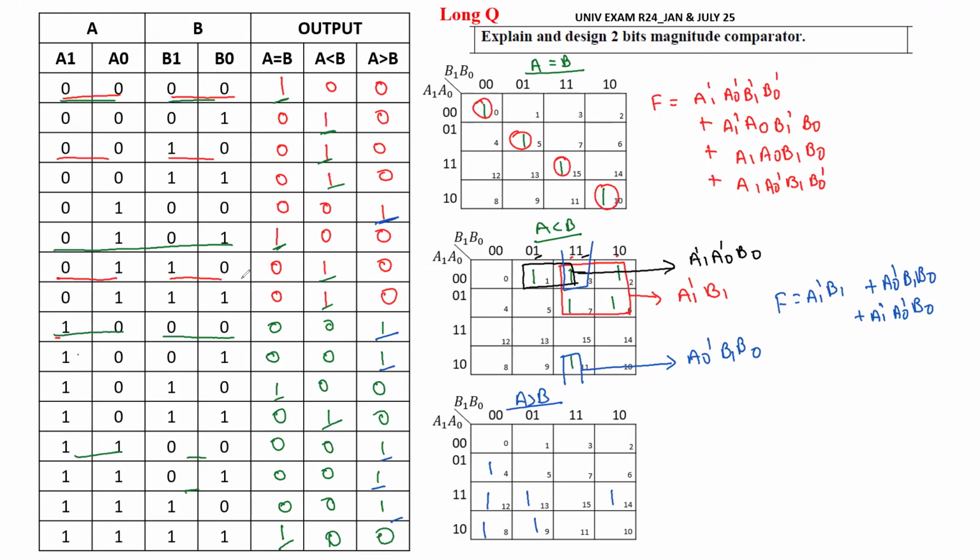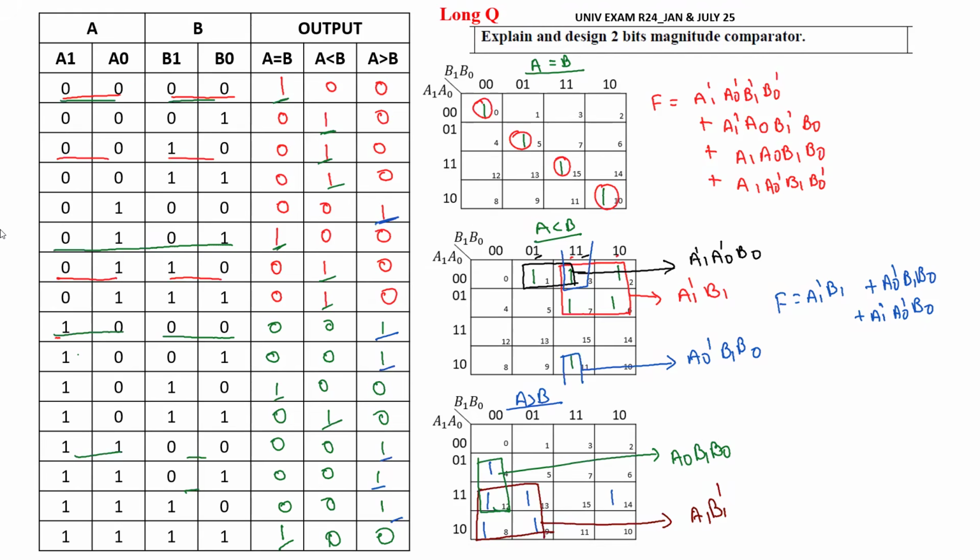So now again, you have to make the combinations. So this 4 will make one quad. What is the value for this? Row wise, what is common? A1. Column wise common is B1 dash. Another combinations, this one will make as the pair. So for this pair, what we are going to get here? Common A0. Column wise B1, B0.